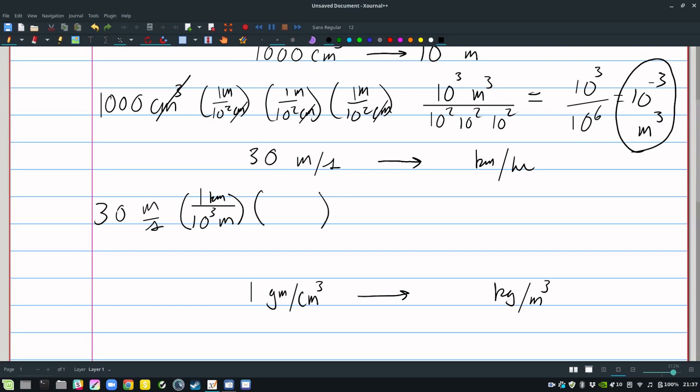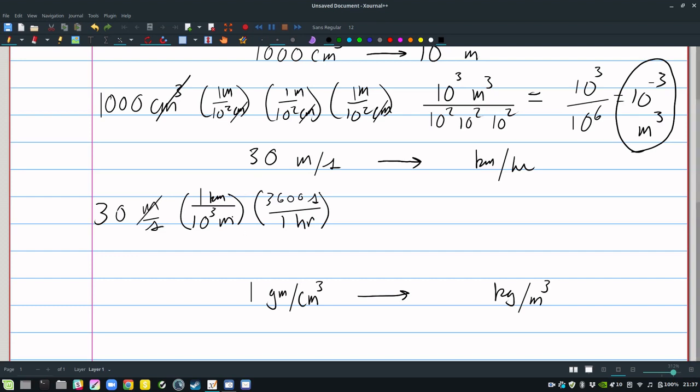But then seconds is in the denominator now, so we want 3,600 seconds is 1 hour. Where did I get 3,600 seconds equals 1 hour? It's 60 times 60: 60 seconds per minute, 60 minutes per hour. So 60 times 60 gives you 3,600 seconds per hour.